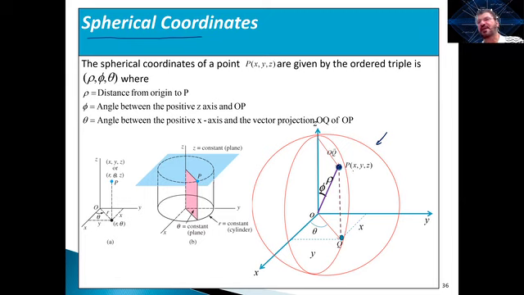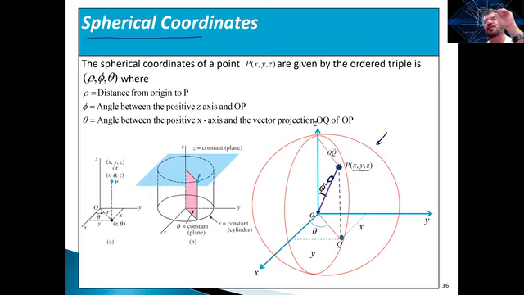So the point is going to be what? X, Y, and Z. This is in what? Rectangular coordinates. How do I represent this one spherically? Very simple. Connect this point with the origin. Here's the origin. And take this one and call it rho. So you see this rho?